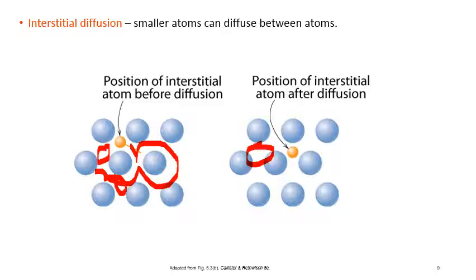If the foreign atom has an atomic radius less than or equal to the interstitial position, then when we add an alloying element to the parent atom, it is going to occupy the interstitial position.